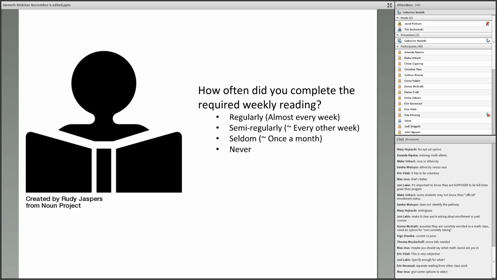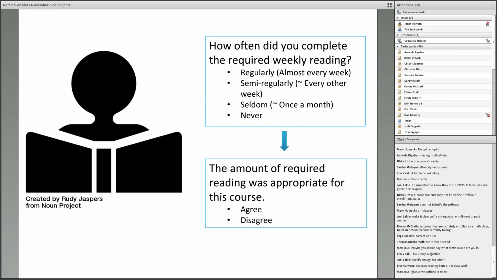And also defining regularly, semi-regularly, seldom, or never. So now we know, okay, that about half of the students semi-regularly completed the required reading. And now, once we have that information, the follow-up question or prompt to agree or disagree with the amount of required reading was appropriate. Now the specific information on student behavior informs our understanding of their level of agreement with that prompt. So one leads to another.